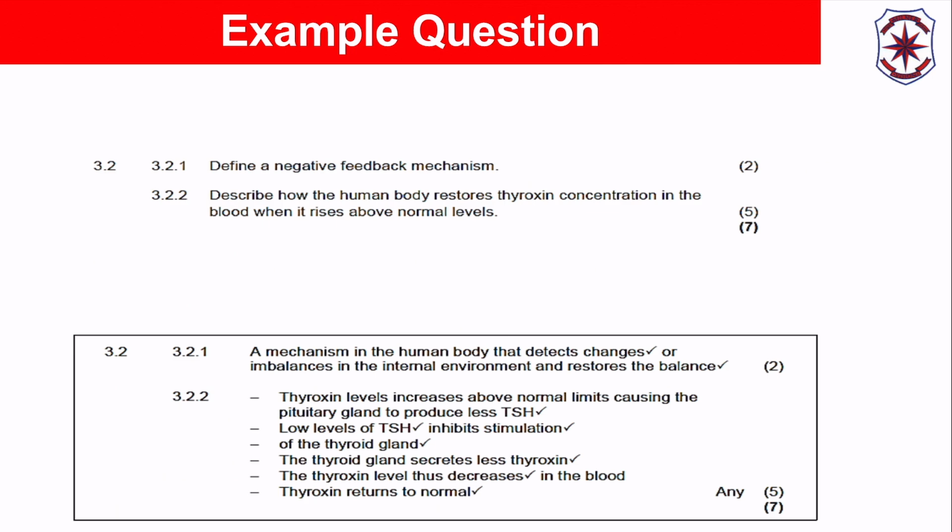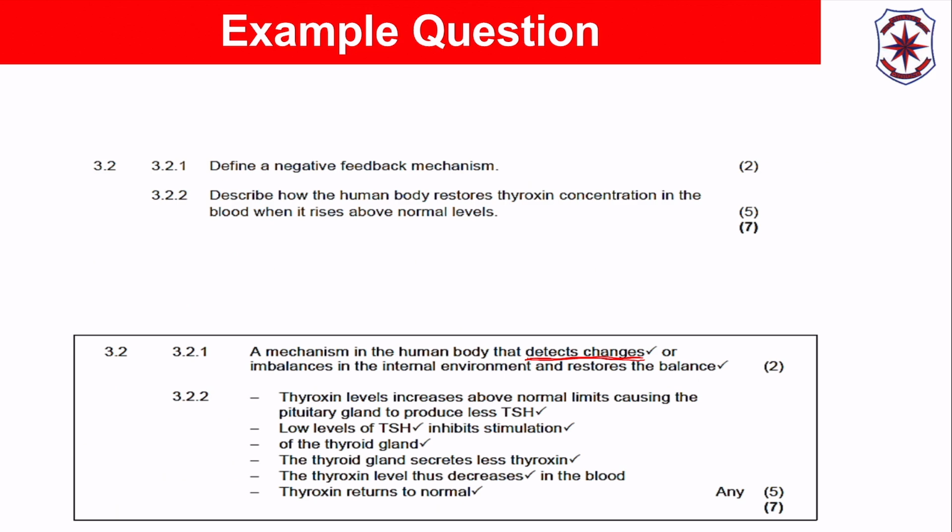Okay, now here is a general question that involves 2 sub-questions. The first one says define negative feedback mechanism for 2 marks. So negative feedback mechanism is a mechanism in the human body that detects changes. Remember, I said negative feedback includes 2 components.